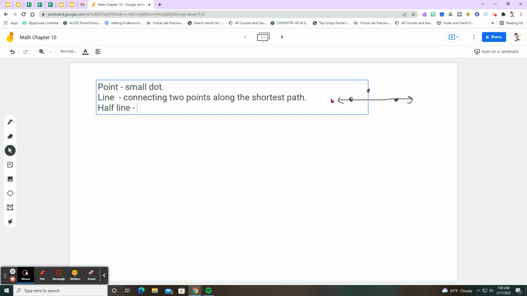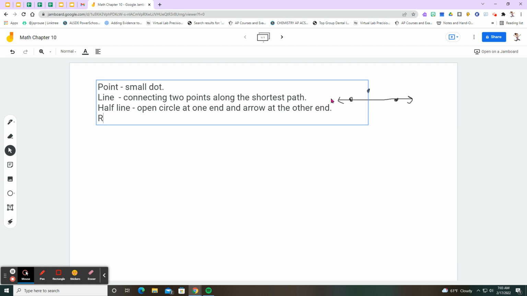The definition they do have is any point on the line that divides the line into 3 parts, or 2 half lines. So you have an open circle at one end and the arrow at the other end. That would be a half line.